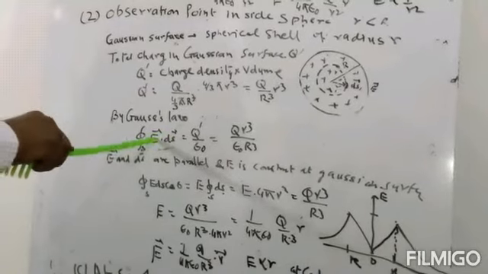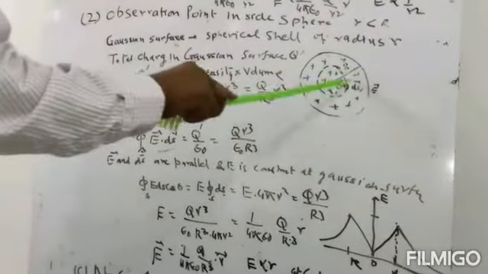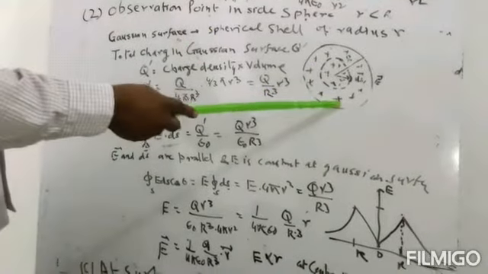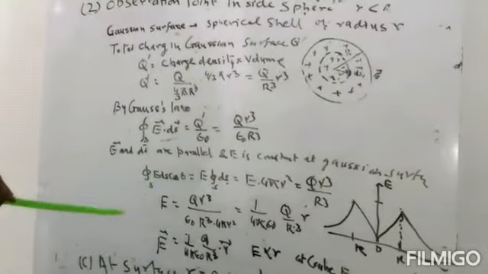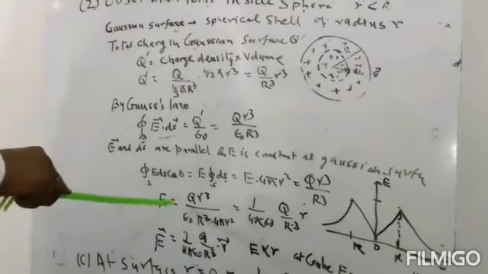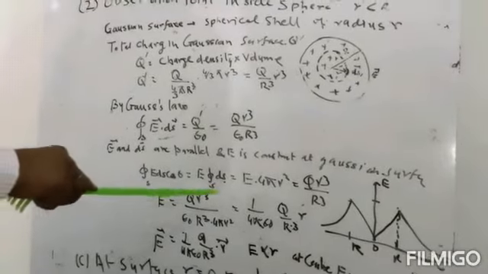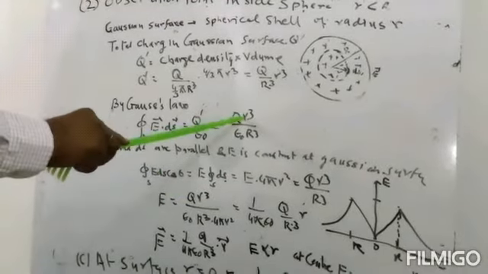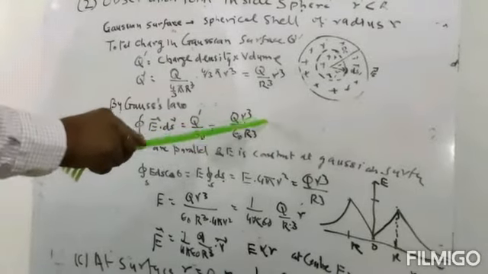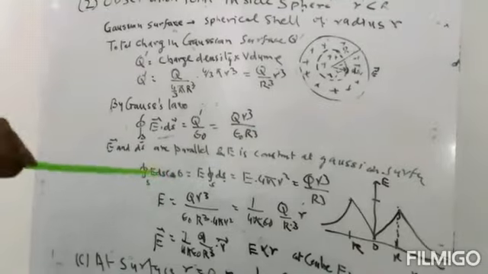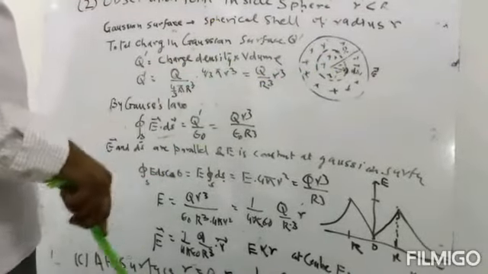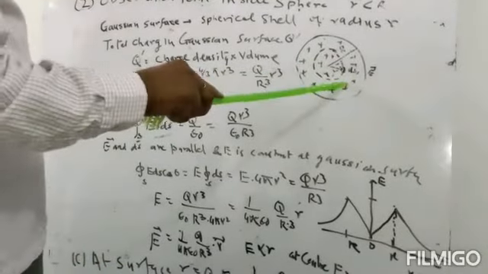Now since electrical field is constant at all points on the Gaussian surface, we can take the capital E outside. So it will be equal to E surface integral of ds. This is equal to q dash by epsilon 0, which is equal to q into small r cube by capital R cube. The total surface area of the Gaussian surface will be equal to 4 pi small r square.